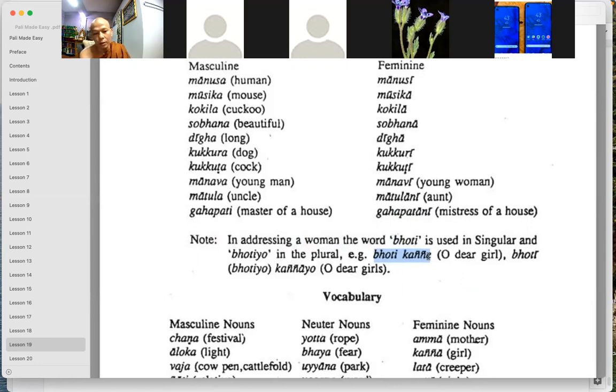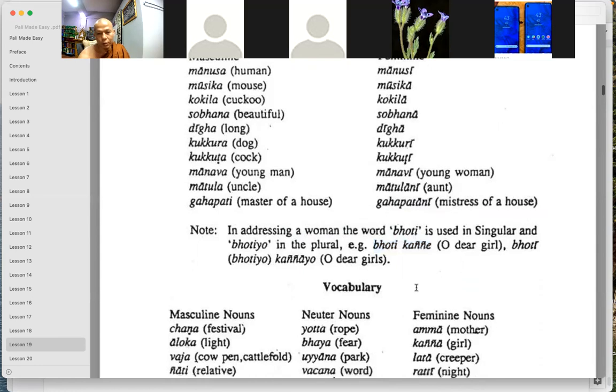So in Pali, we use that term, "bhodi". For the male one also, "bho" or something in this way, dear actually. "Bho kanye", oh dear girl. And "bhodi kanyayo", and so on. Okay, that is just a note.